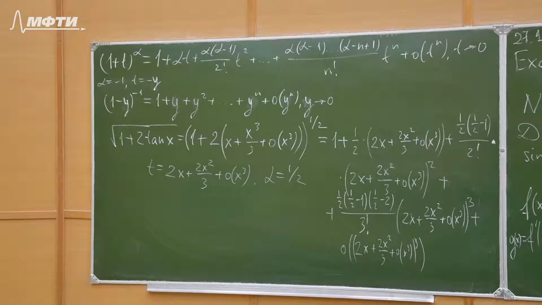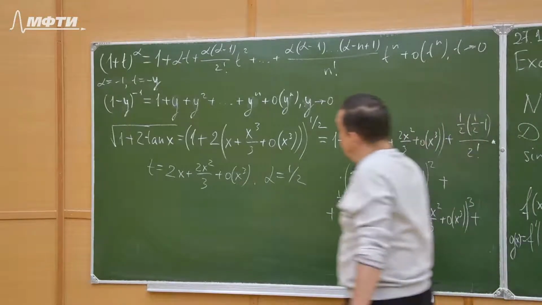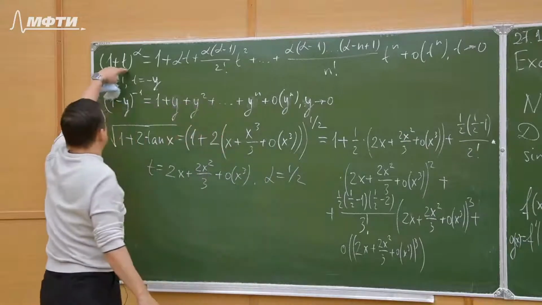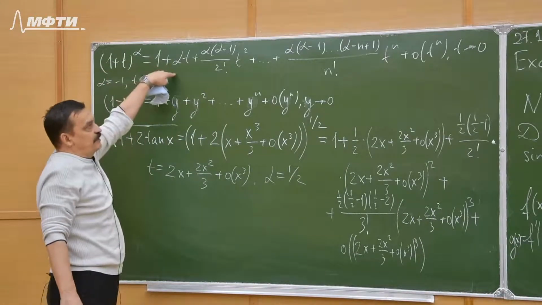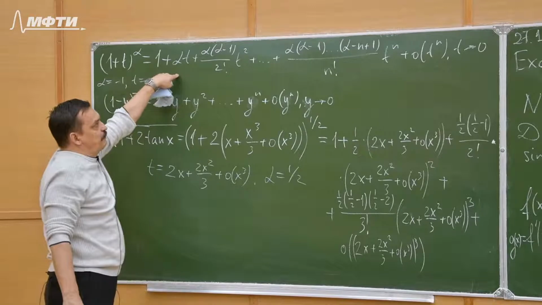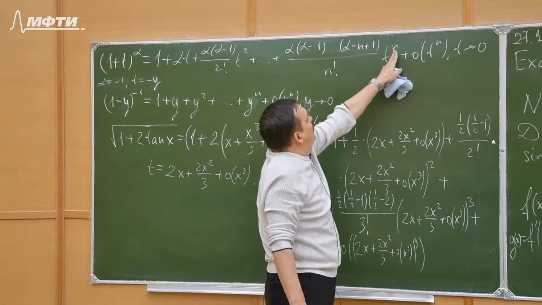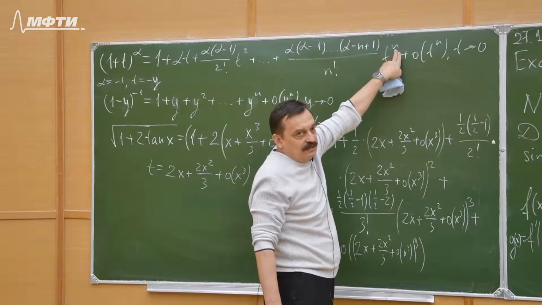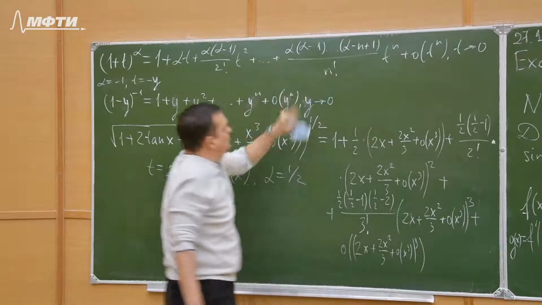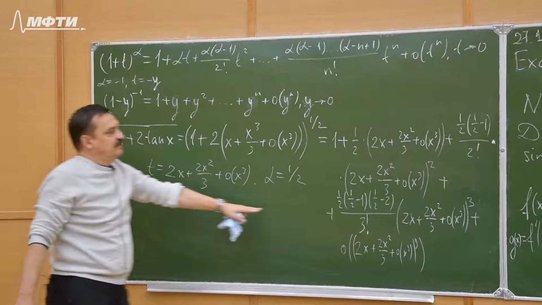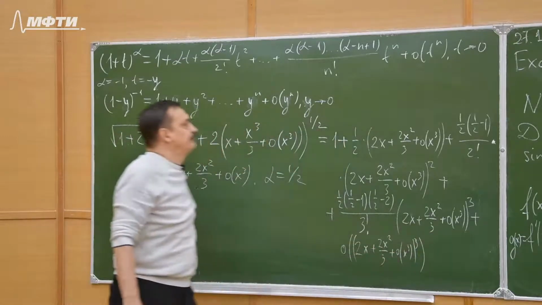So what I did, I just substituted into 1 plus t power alpha into this expansion. This expansion I used for n equals to 3, so we stopped on the third degree here, right?